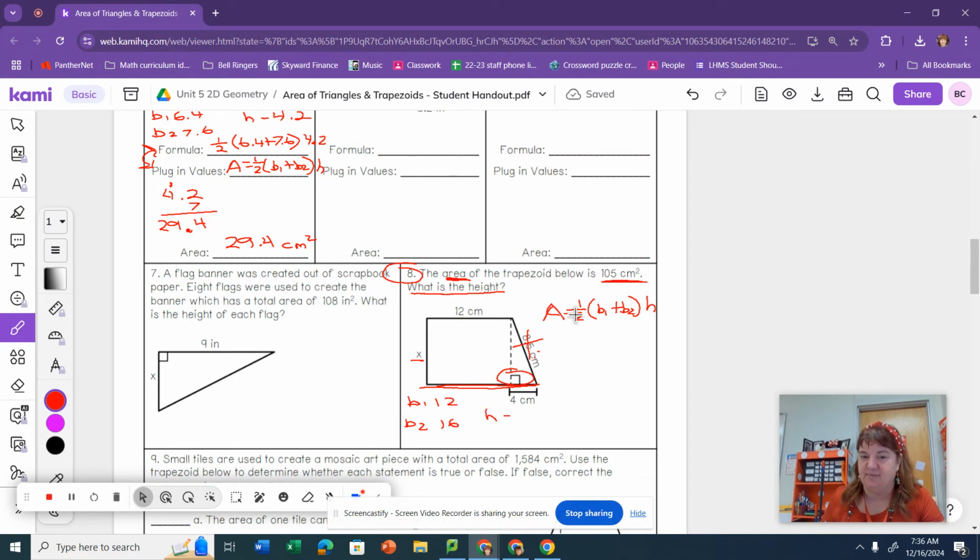And our height is going to be X. So 105 equals 1/2 of 12 plus 16 times height. Now you should be able to add, remember PEMDAS, parentheses first, take a half, then divide to get the height. I'm going to let you finish that up.